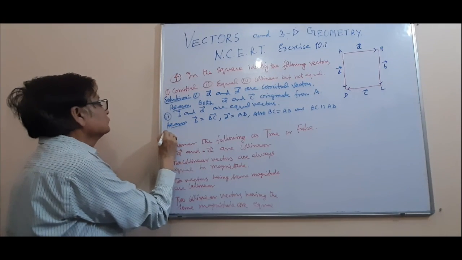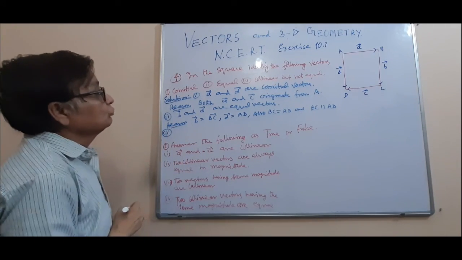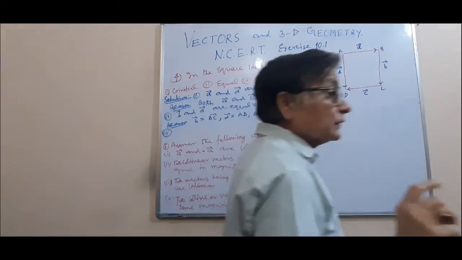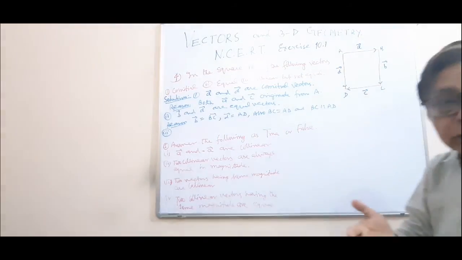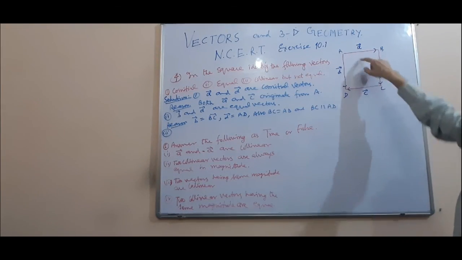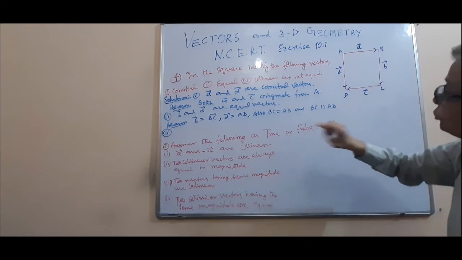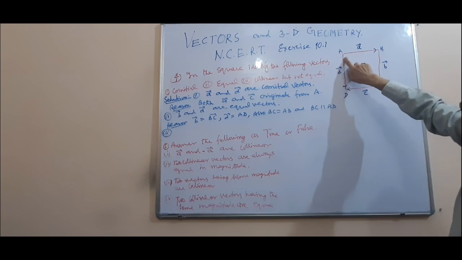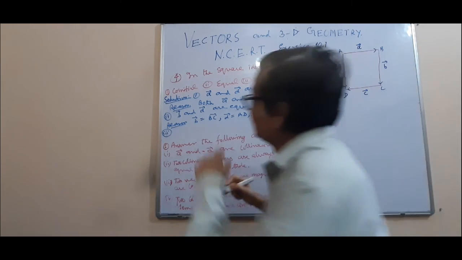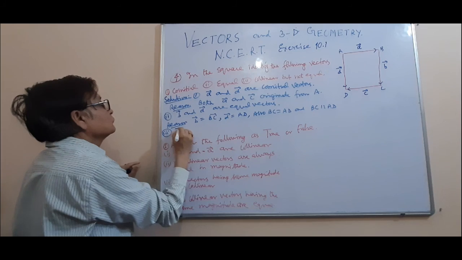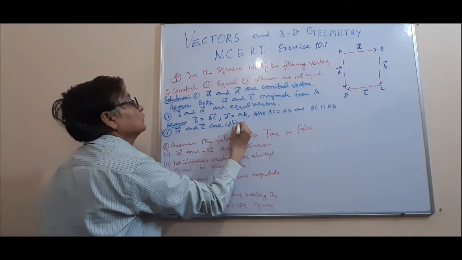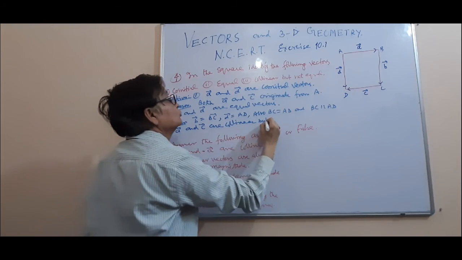And last one of this question 4 is collinear but not equal. That is, the vectors which are collinear, that is parallel to the same line. So we are seeing that AB and DC, these are parallel but not equal because direction of a is from A to B and direction of c is from C to D, just opposite. So we will write vector a and vector c are collinear but not equal.